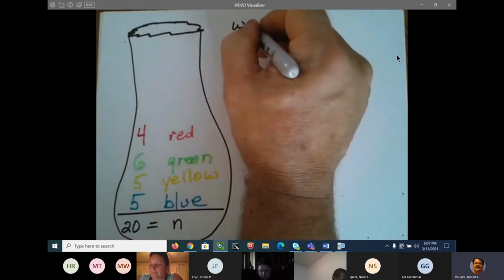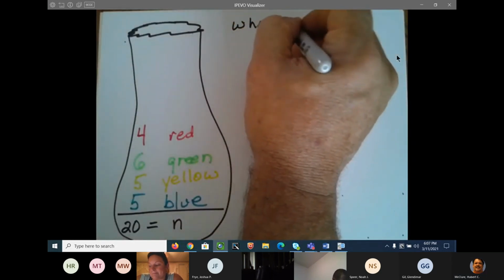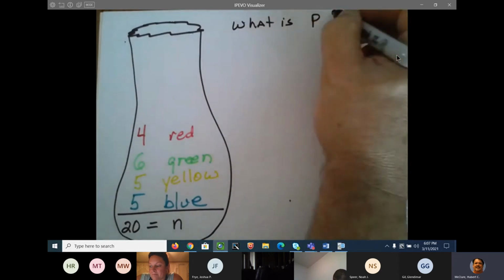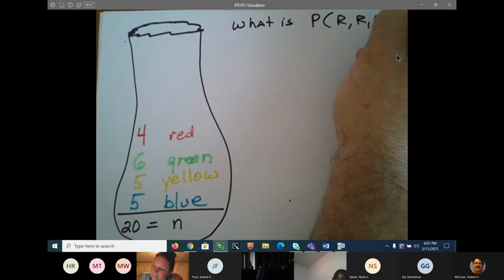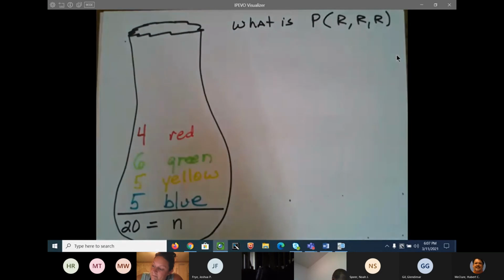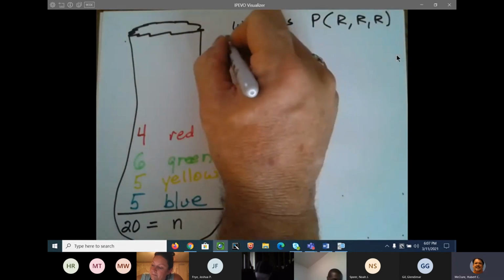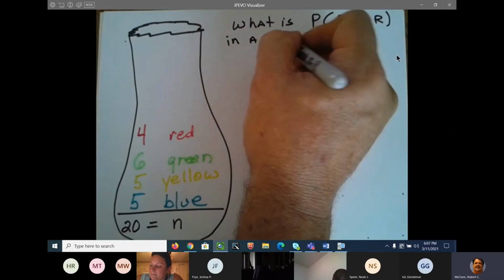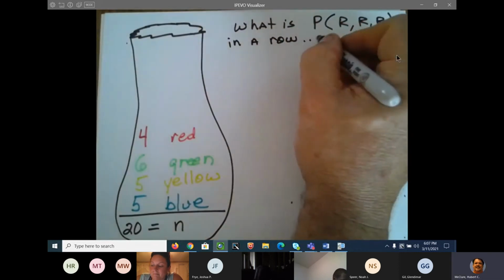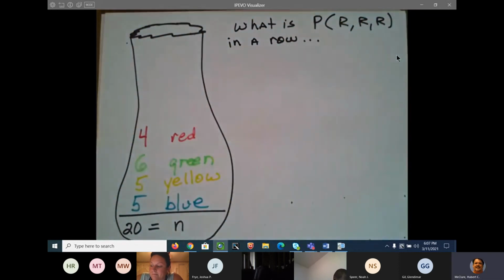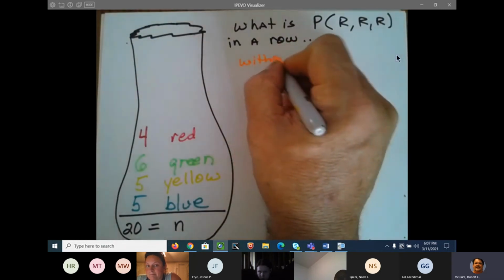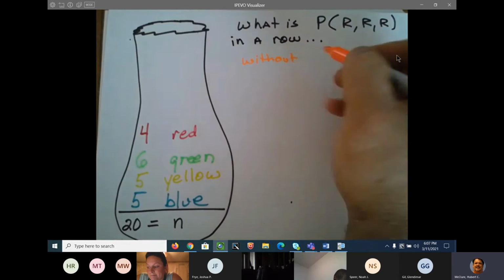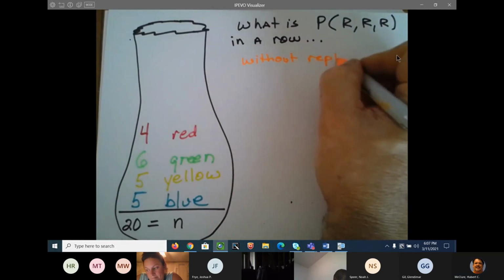What is the probability of 3 reds in a row, dot, dot, dot, and take my orange marker, without replacement?